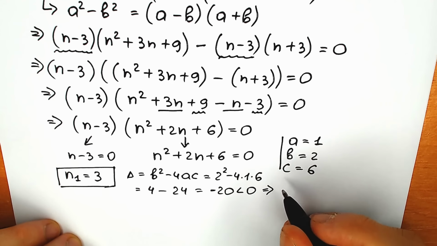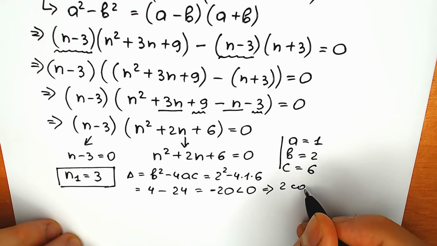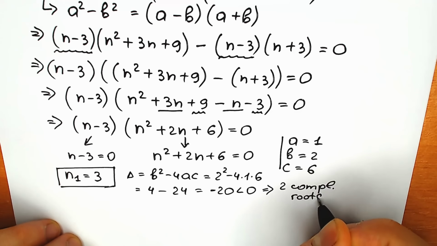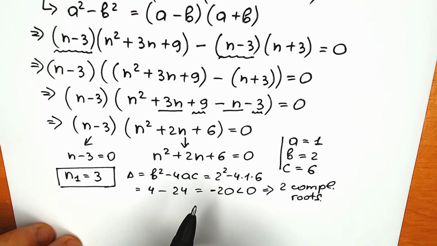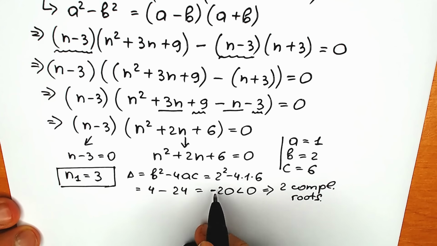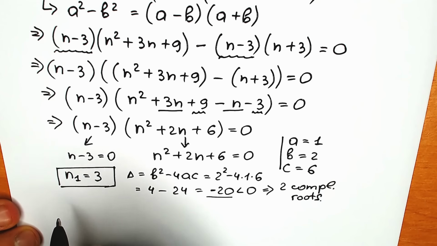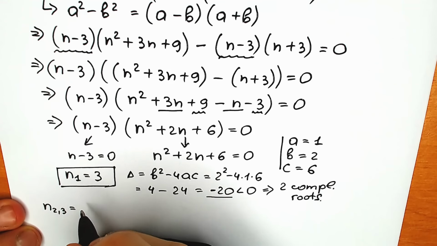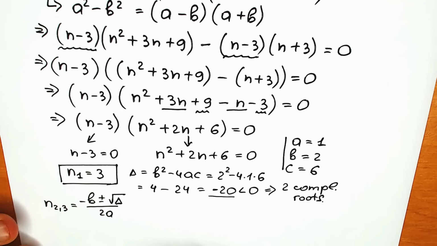So when the discriminant is negative, it means that in this branch we have two complex roots. Okay, two complex roots. And right now let's find our roots. Let's plug this minus 20 into this spot. So n second and third are equal to minus b plus minus square root of the discriminant, all over 2a.